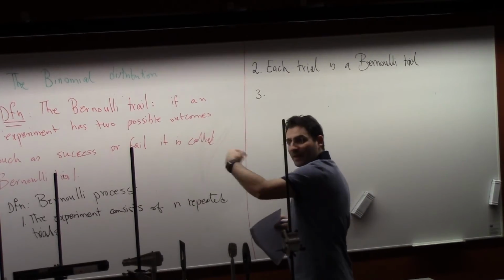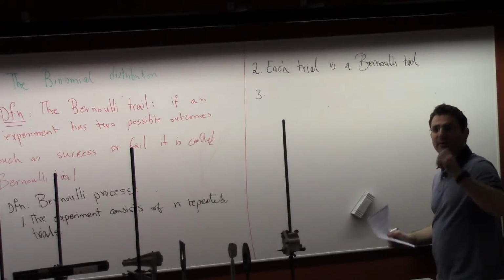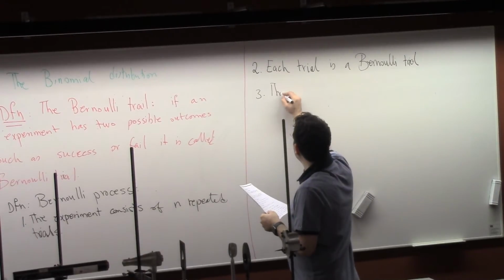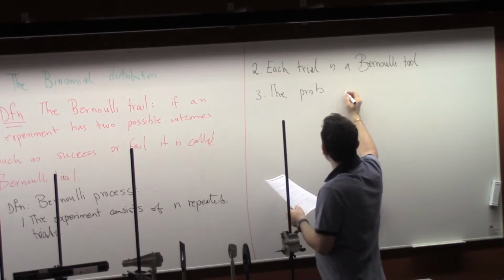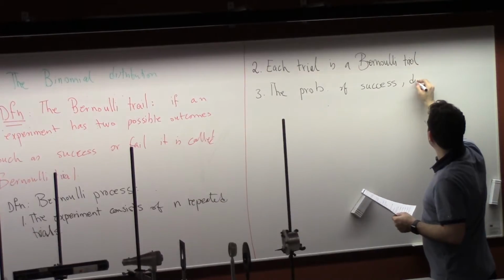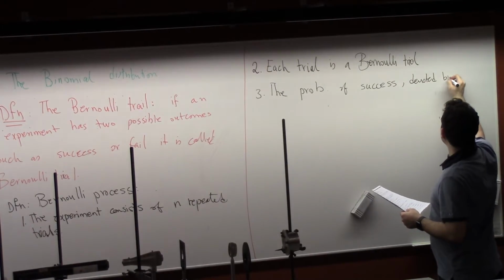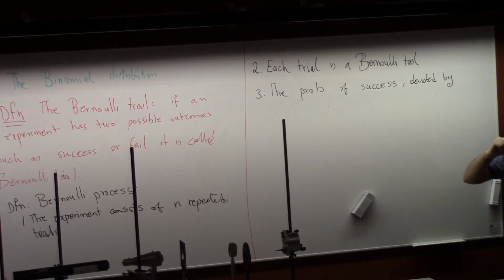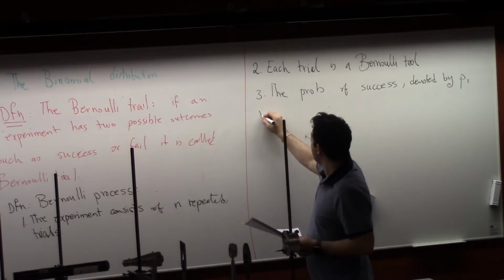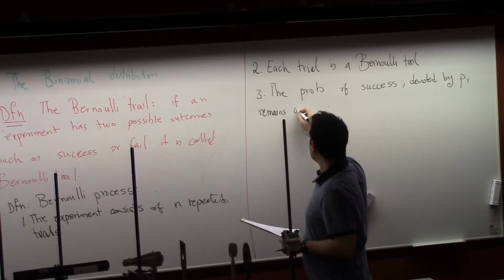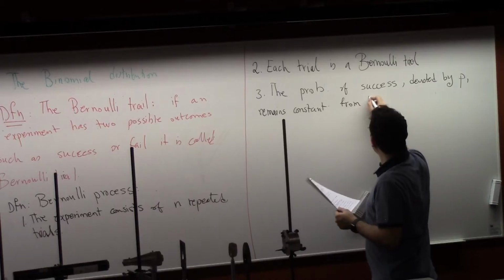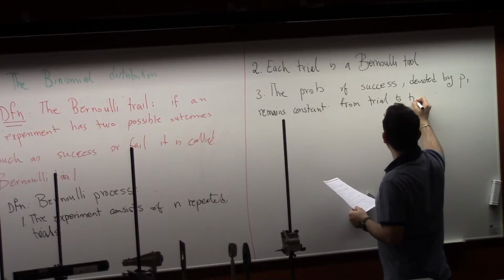So we have n trials and each of them is binary, yes or no, success or failure. The probability of success, from now on denoted by P, remains constant from trial to trial.